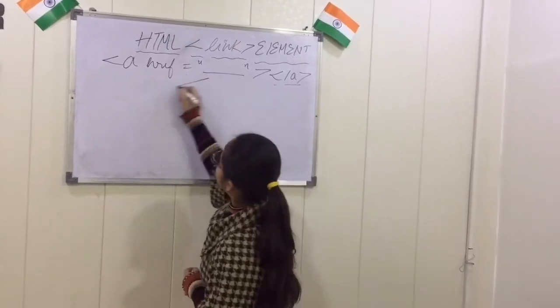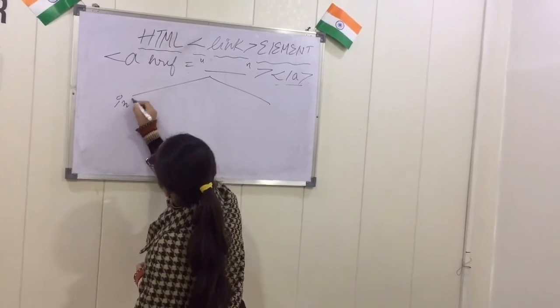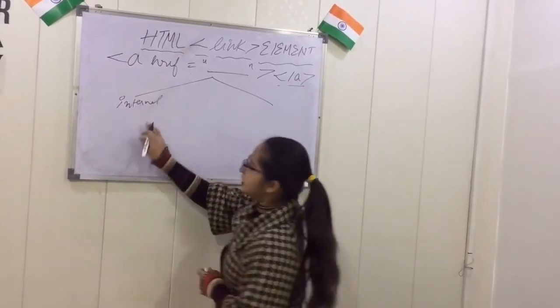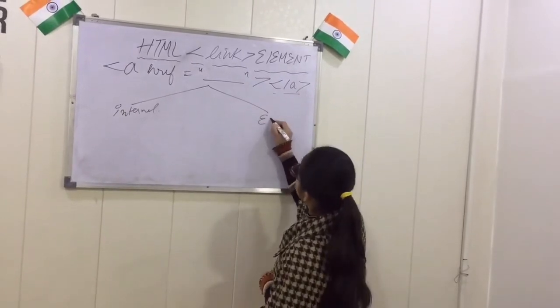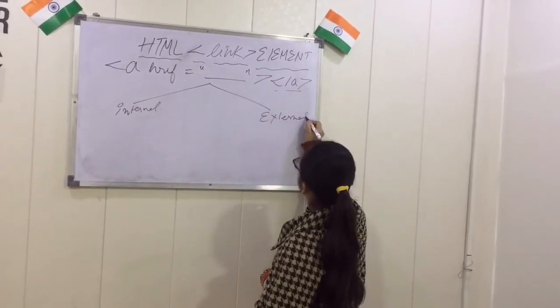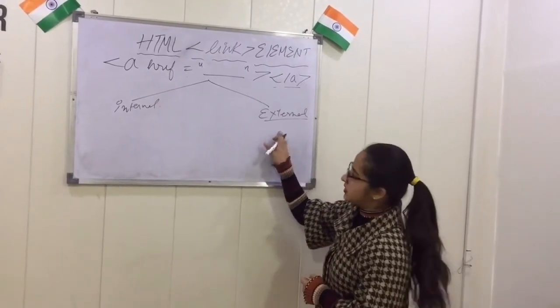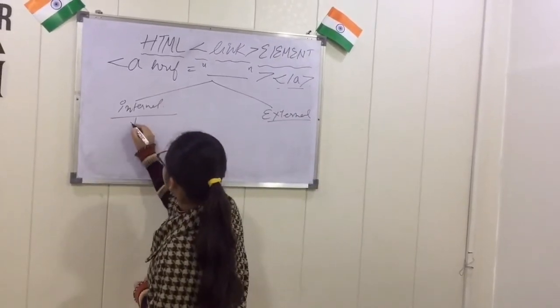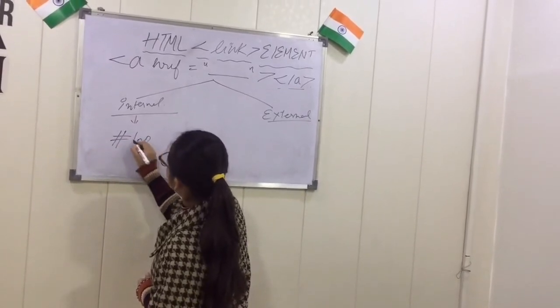So this can be done in two types. First is internal, the page that is found internally, and second is external. It means that the link will take you to another page. So internal can be called as hash top.